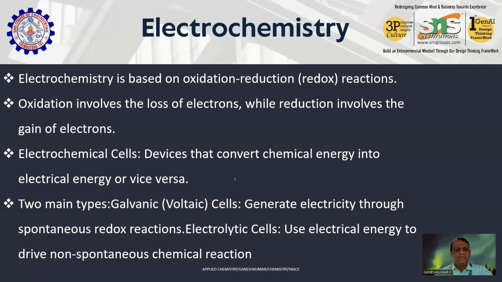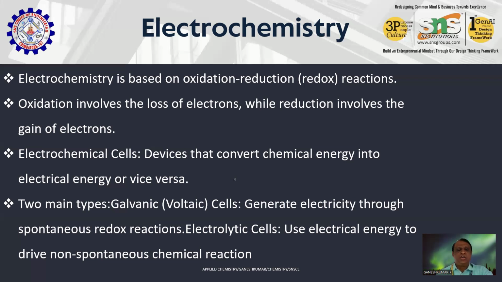There are two main types of electrochemical cells. We call them voltaic cells or galvanic cells, which generate electricity through a spontaneous redox reaction, and electrolytic cells, which use electrical energy to produce chemical reactions.